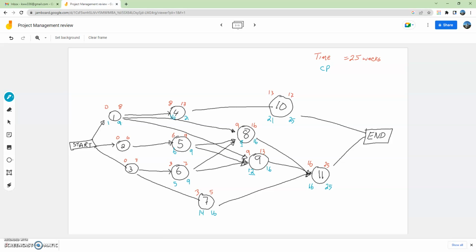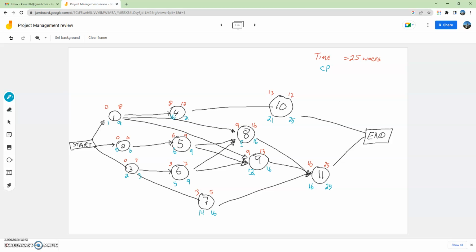This one has to be 6, because there's only one activity after that. And activity 3, they could finish at 5 or 14. So to keep things on schedule, activity 3 has to finish by time period 5 in order for activity 6 to start. So that's going to be 2 there.